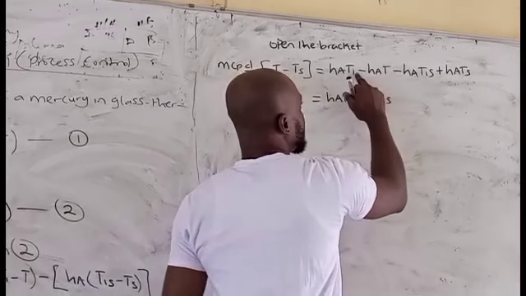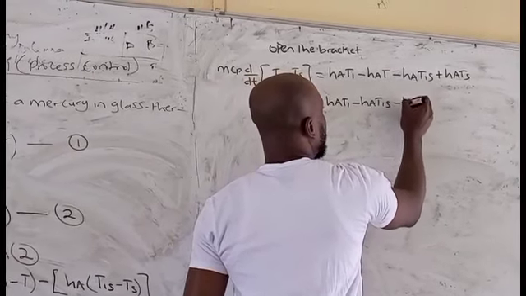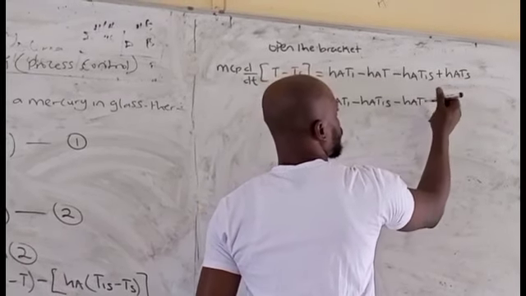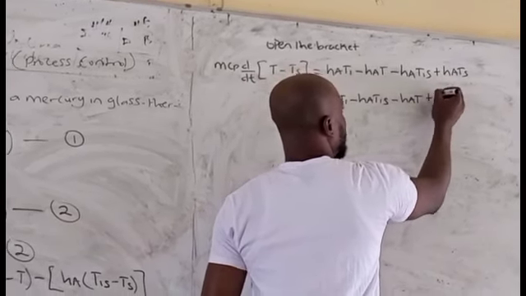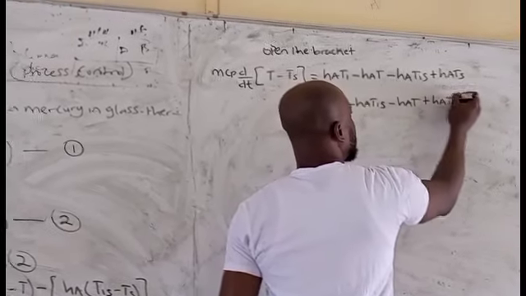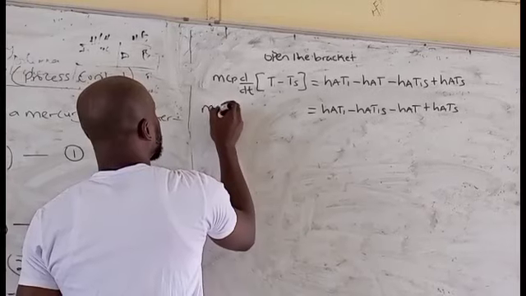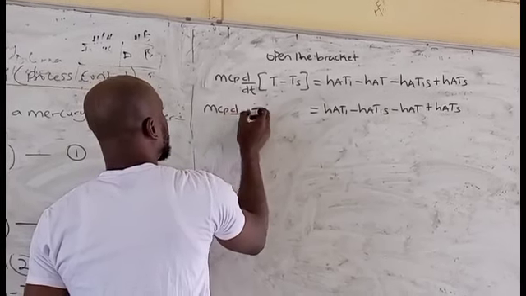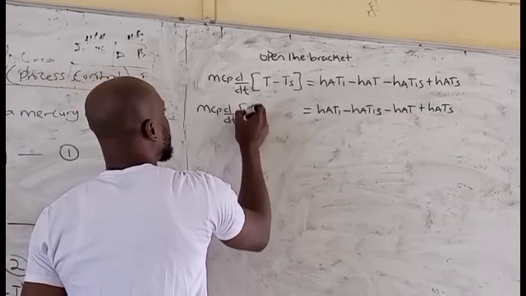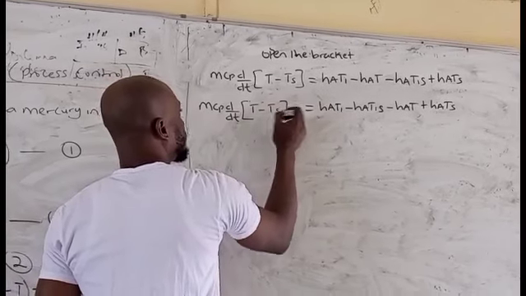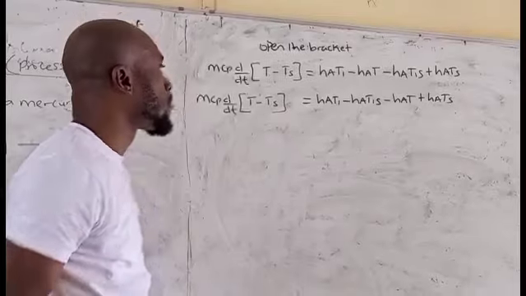Then the next one minus HAT. Then I have plus HATs. So it is equal to MCP d over dt into (T minus Ts). So it's equal to this.